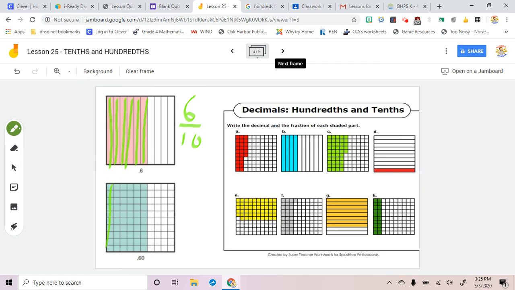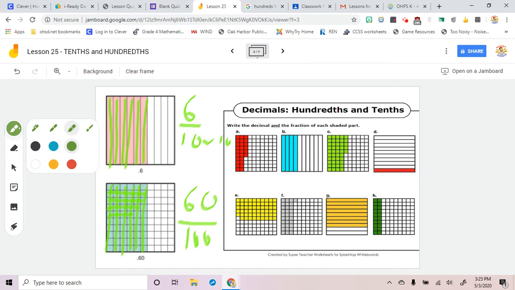You can still see, look, 1, 2, 3, 4, 5, 6. It's also 6/10, but each tenth has been chopped up 10 times. So it's 10 times as many pieces altogether. So it would be hundredths. And how many are shaded in? You can say it, 60. So 6/10 and 60/100 are equivalent.